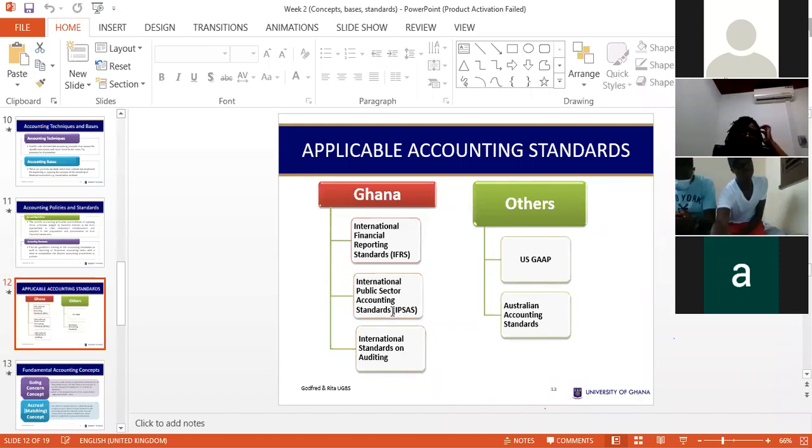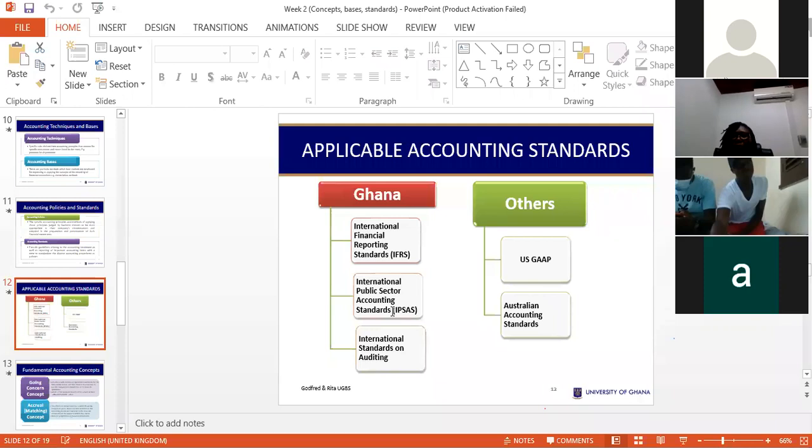So in some countries like the US, they have their own standards in treating their transactions. There are similarities, as we go along, but they have decided to coin theirs and name it the US GAAP. The Australians have theirs, known as the Australian Accounting Standards. The UK also have theirs, known as the Financial Reporting Standards.